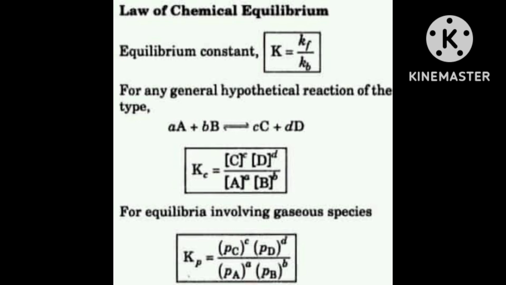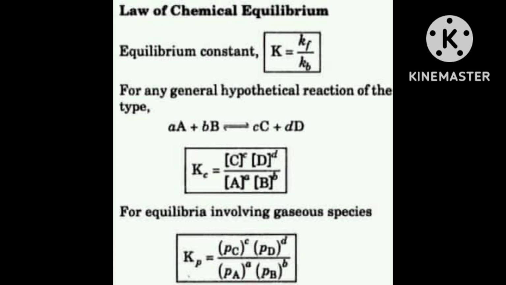Then how will you write the expression Kc for this reaction? A very simple way. Kc is equal to the molar concentration of HI in big brackets, power 2, divided by the molar concentration of H2 into the molar concentration of I2.